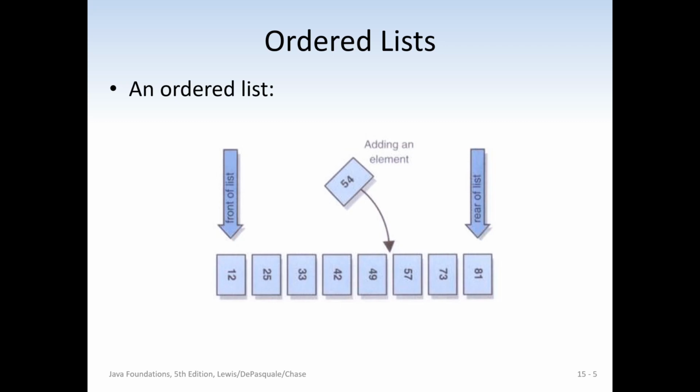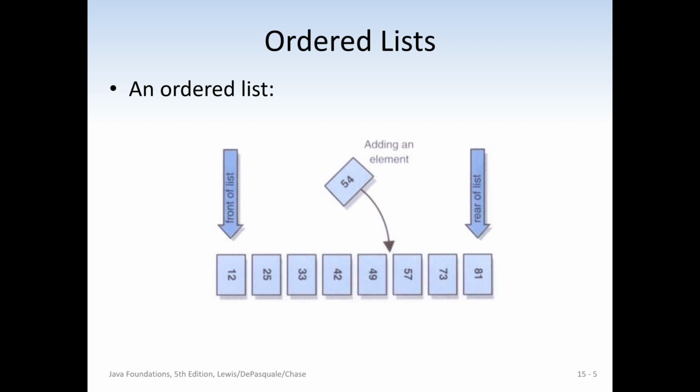So what's the overall cost of doing this, right? It's n over 2 plus n over 2. So it's order n. So an insert in this case takes order n operations, right?